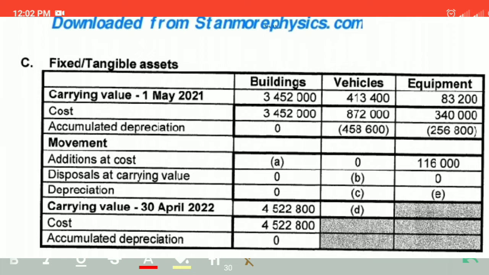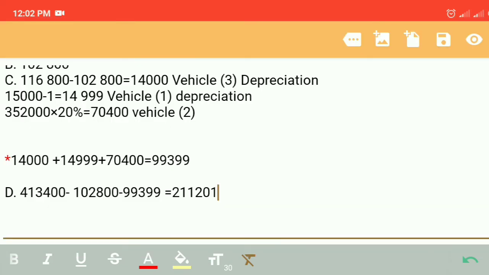Then we minus it by the answer at B on disposal at carrying value, which is 102,800. Then minus the depreciation, the answer at C, which is 99,399. Then all of them equals 211,201. That's the carrying value at 30 April 2022, the answer at D.